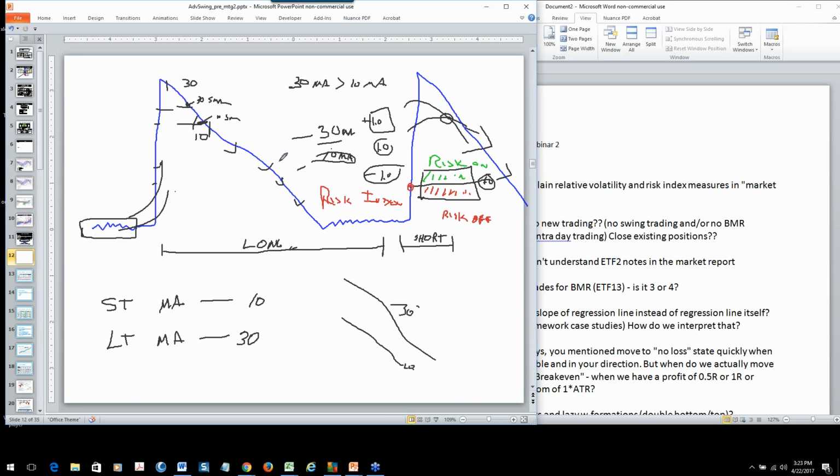And what the academic research found, looking at things over 30 and 40-year periods, was that whenever the 30 period was better than the 10 period, those riskier assets like stocks, small caps, and commodities would do well, so you wanted to have risk on.